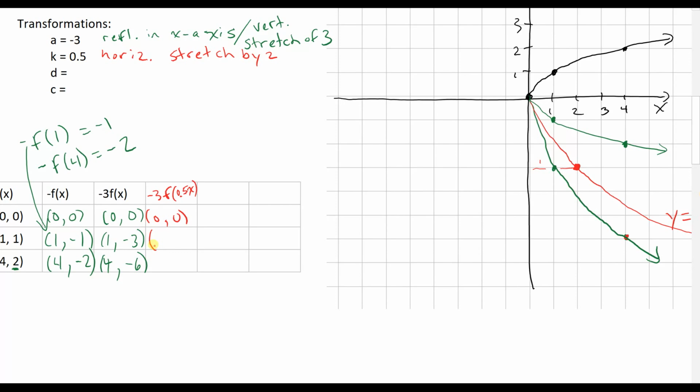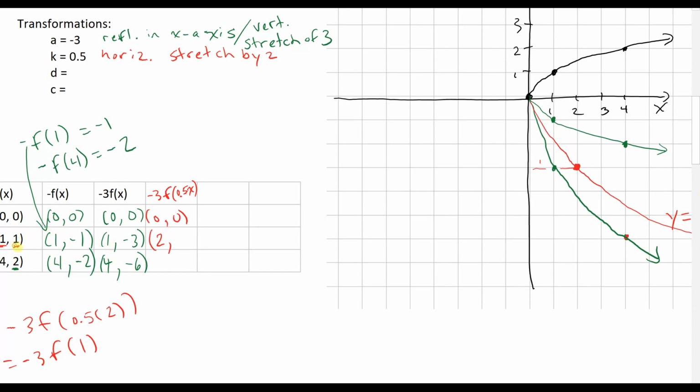Does that make sense? So I'm going to put a value of 2 here, and then I'm going to show you what I mean. So negative 3 times f at 0.5 times 2. If I pick an x value of 2, then using my function notation, I end up with f at 1. I know f at 1.